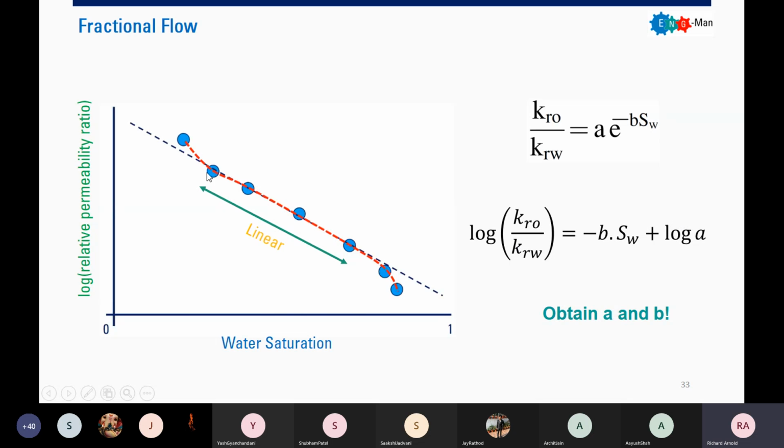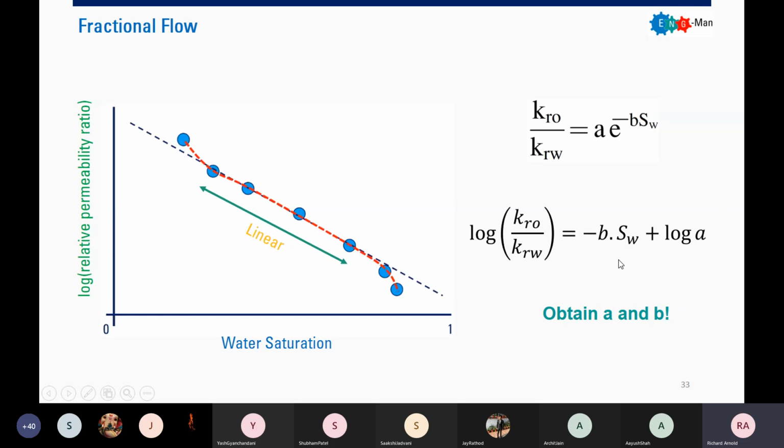And the good news is that in this water saturation interval, we can actually get a linear trend. And that's good because we love a linear relationship. It's easy to estimate. It is easy to construct a linear correlation. Okay. And this is the correlation.